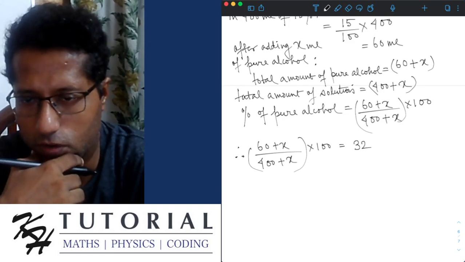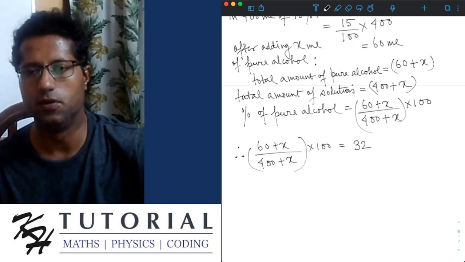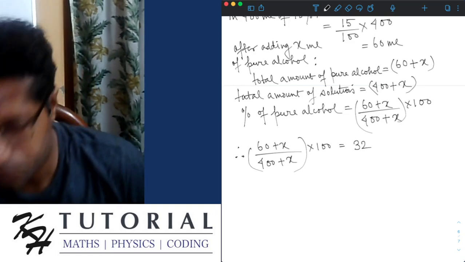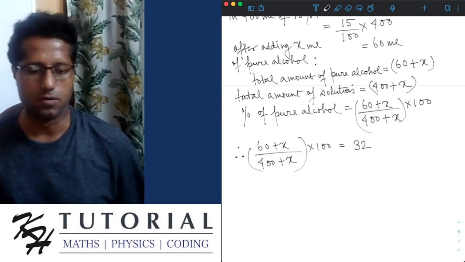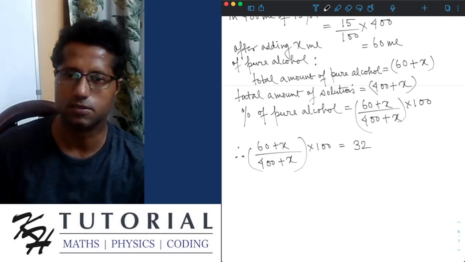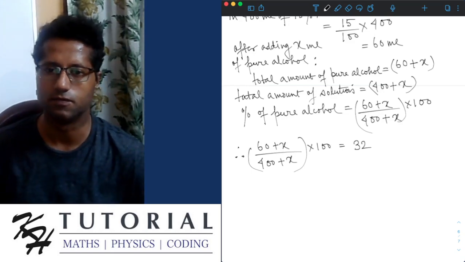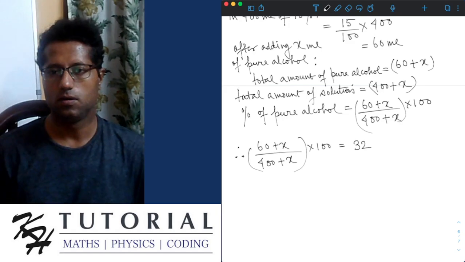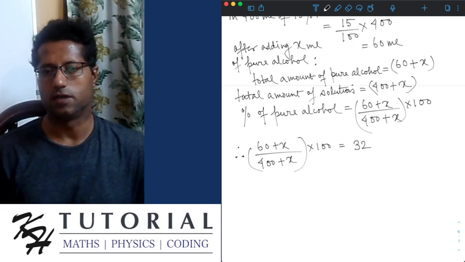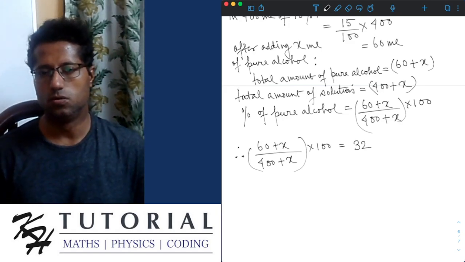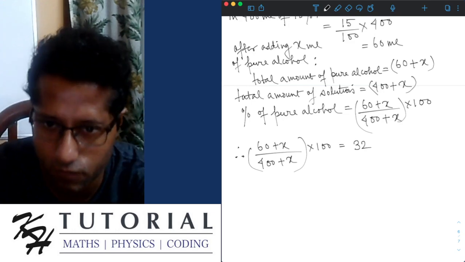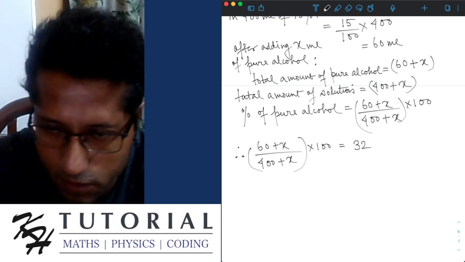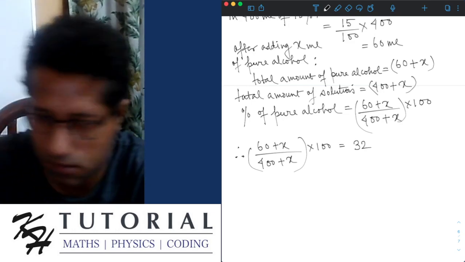I have already, in video part 2 or 3, discussed solving a linear equation, and I solved this kind of problem from exercise 7a. So what do we do for this kind of problem? On the left hand side, the denominator has a variable, 400 plus x. So we multiply both sides.